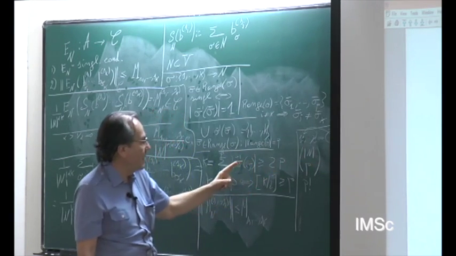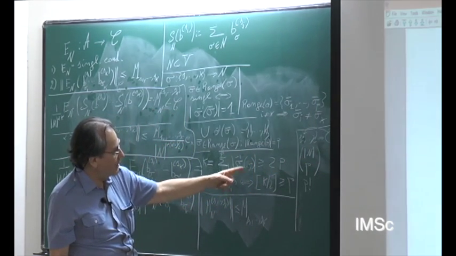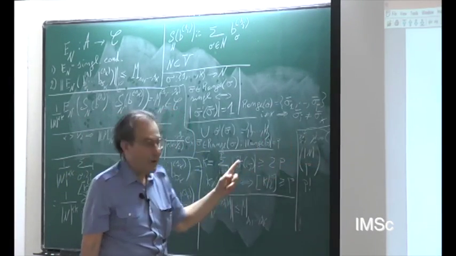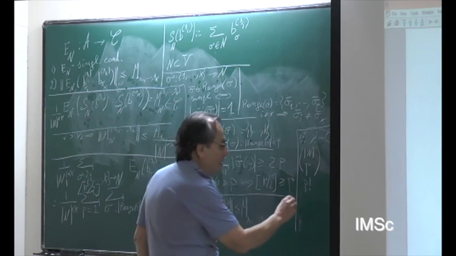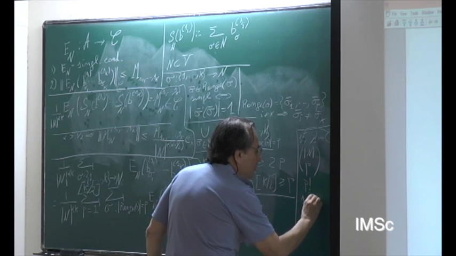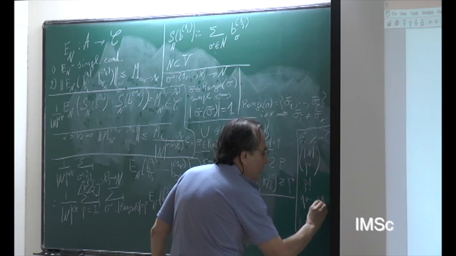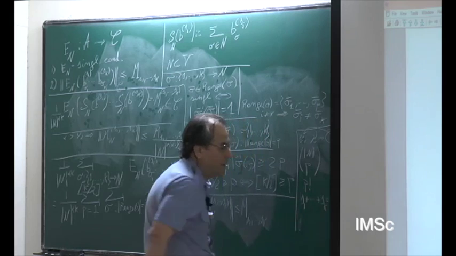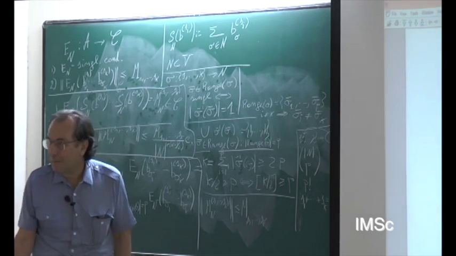So let me call Sj the cardinality of this, for a single point here. So what will be the connection among the Sj? Of course, the sum of all Sj must be equal to K.